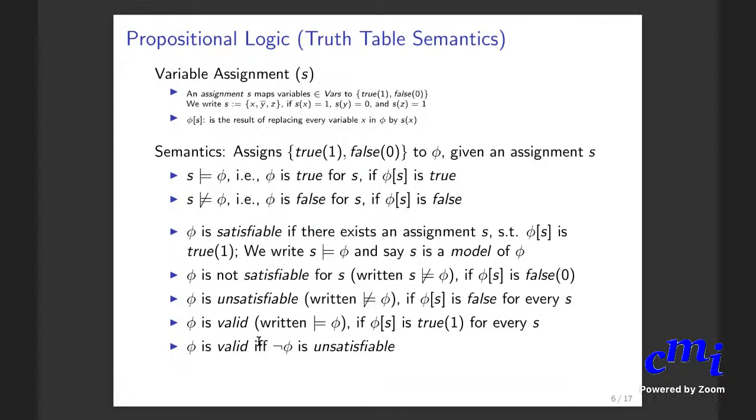So with the way that we have defined the semantics, especially with the negation, phi is valid if and only if not of phi is unsatisfiable. Okay. These notions you should be familiar with, since we will be using them quite frequently.